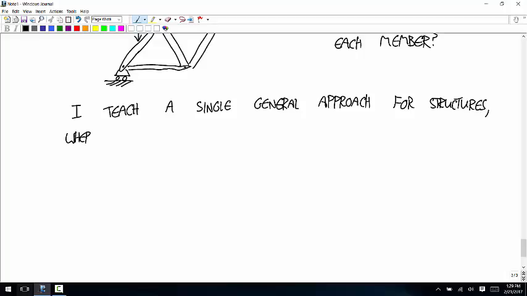Where textbooks, the ones I've seen, break structures up into two different categories.